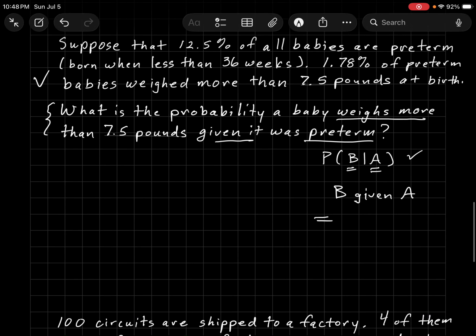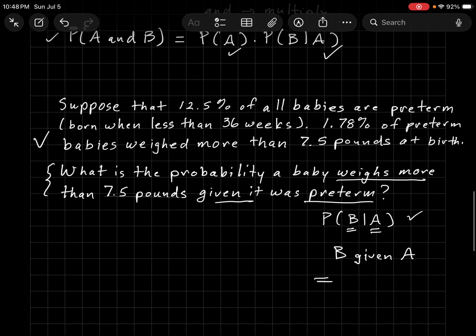Let's go over that again just to make sure that makes sense for us. The problem is asking, what is the probability a baby weighs more than 7.5 pounds given it was preterm?